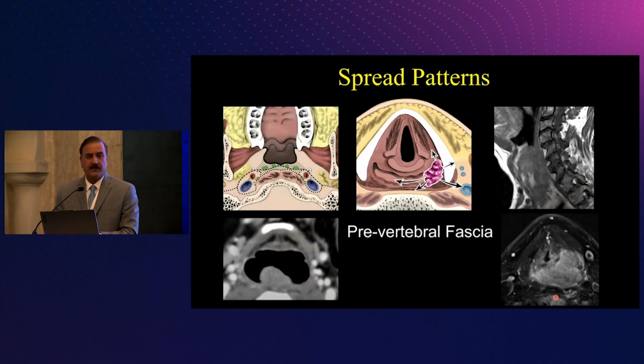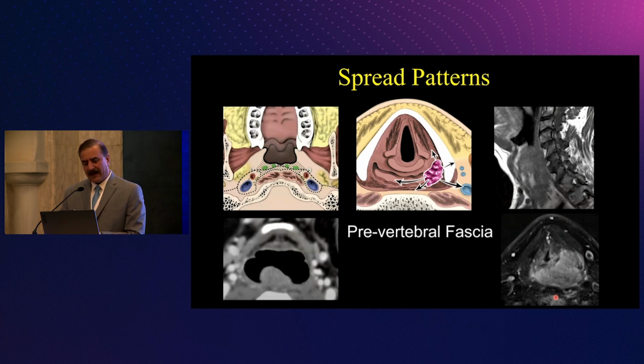Only call it if you are sure that there is involvement of the prevertebral fascia or the longus colli capitis muscle. If you are unsure of this, please do not call it. It's better to undercall it rather than overcall it, because if you are overcalling it, you are making the patient 4B, which is inoperable.